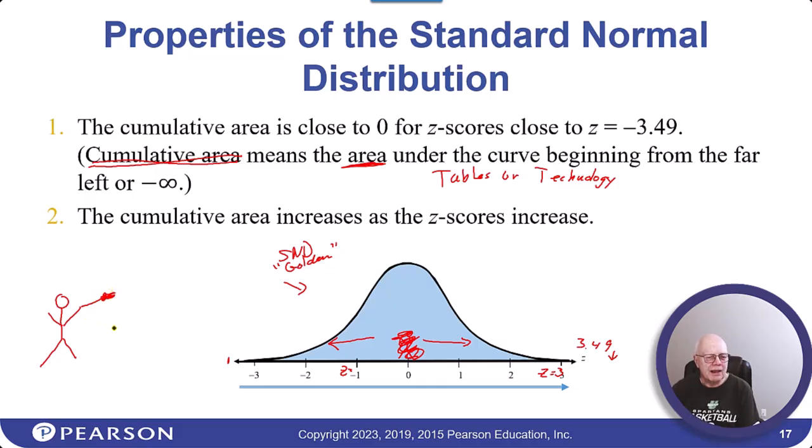When we start painting with the paintbrush, that cumulative area, we're going to start painting here. The calculator or table or whatever you use starts way out here to the left. So if you're talking about the cumulative area for a z of -1, that means everything up until that particular point.